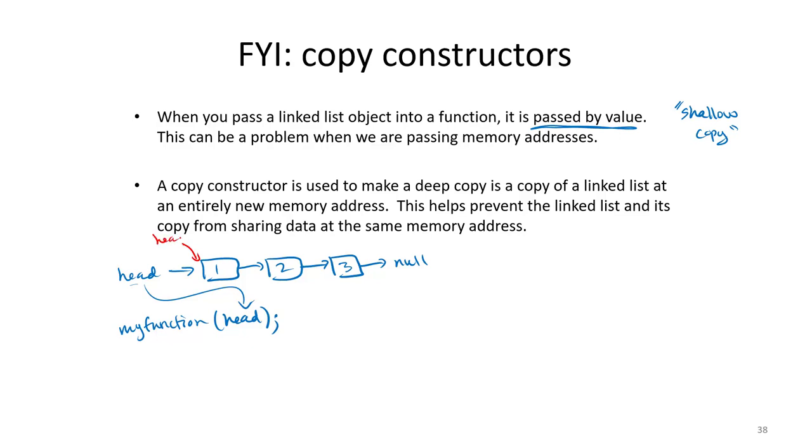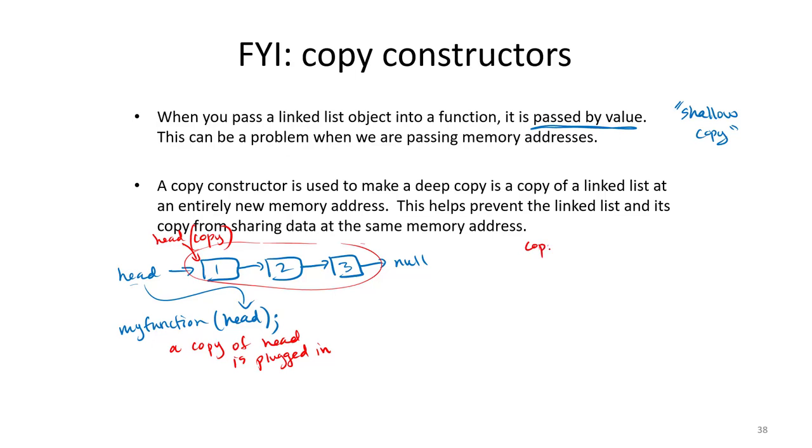So essentially, I have this copy of head that's pointing at the same memory. So here, a copy of head is plugged in. The problem with this is if I try to change some of the values in this linked list, I'm actually modifying the original linked list that I had rather than my own separate linked list.